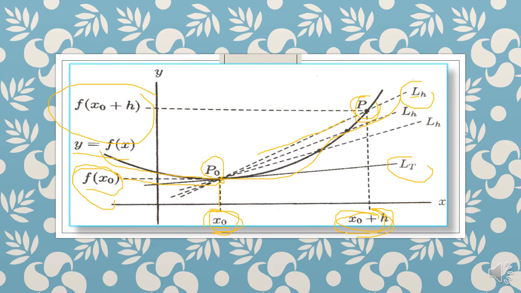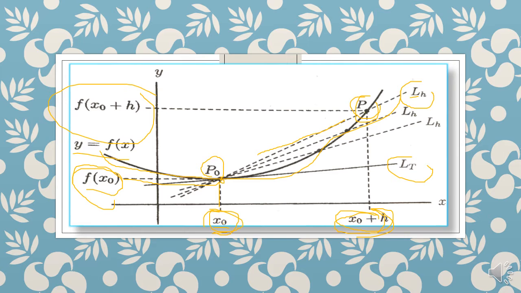So observe that if f is differentiable at x sub O here, then by the definition of the derivative, the limit of f of x sub O plus h minus f of x sub O divided by h as h approaches 0 is equal to the limit of m, the slope of the secant line.